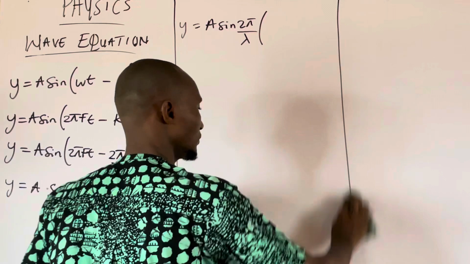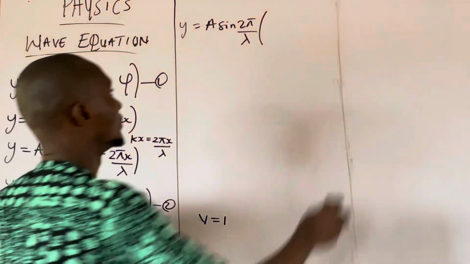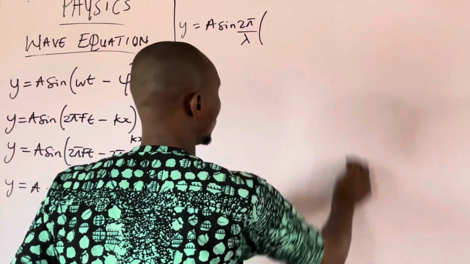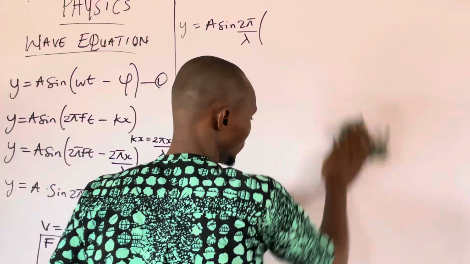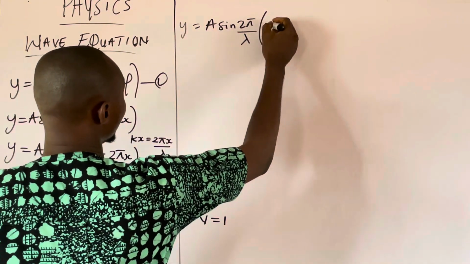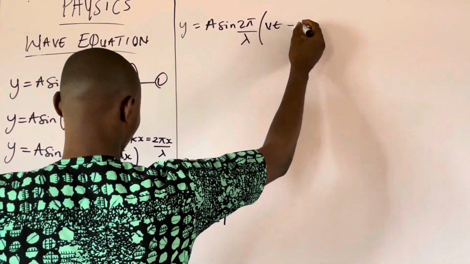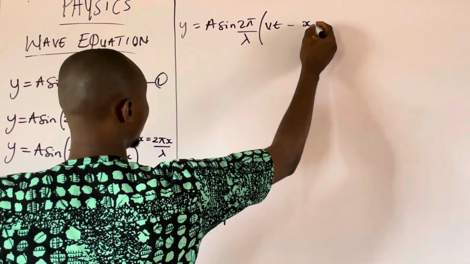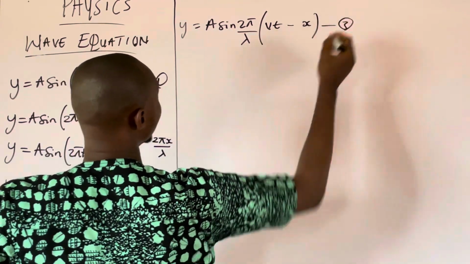No. 2 pi over lambda, then bracket vt minus x. Call this equation 3.